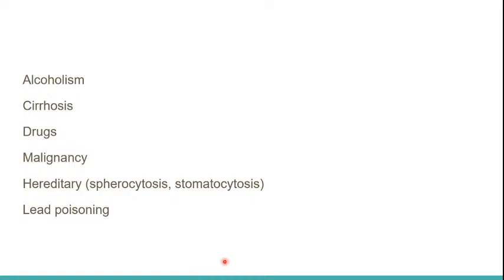You could have acanthocytes plus echinocytes, or you could have ovalocytes plus echinocytes. It could be a mixture of all the things that we've seen here. So these are the reasons: alcoholism, cirrhosis, drugs, and malignancy.